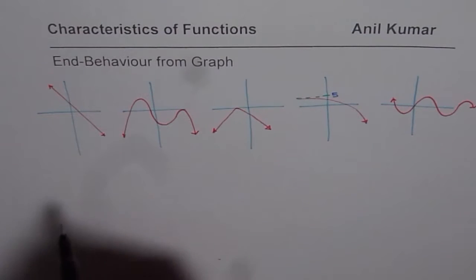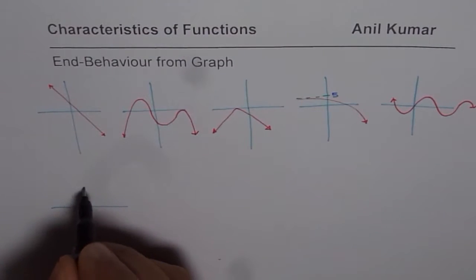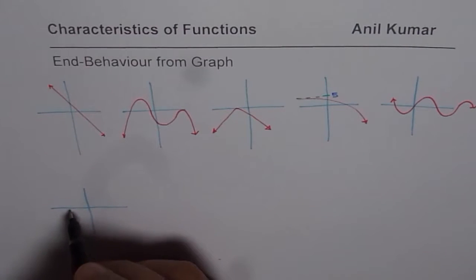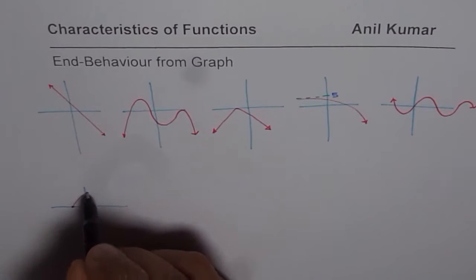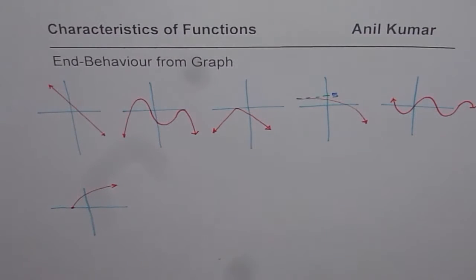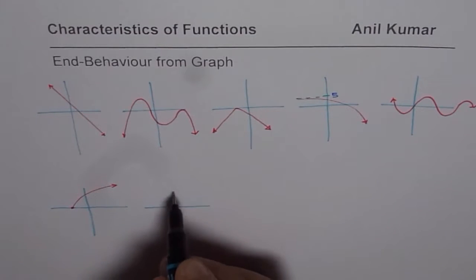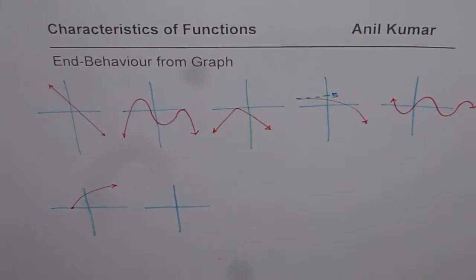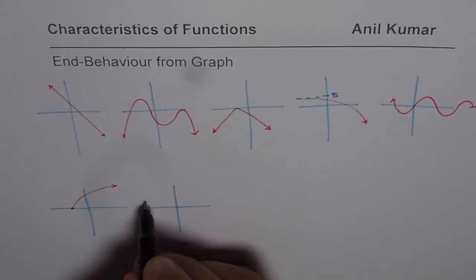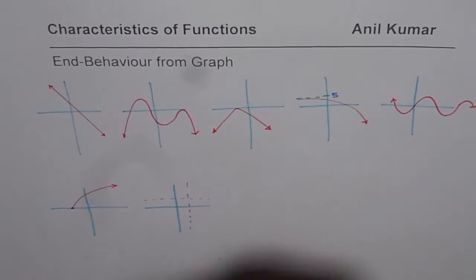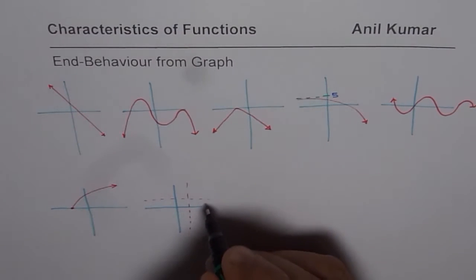Let's sketch a few more. It's good to have some variety, and these ones are restricted on their domain. This one is a square root function which is translated a few units to the left. I'll label them also soon. Another restricted function is the one with horizontal and vertical asymptotes, which is a reciprocal function.